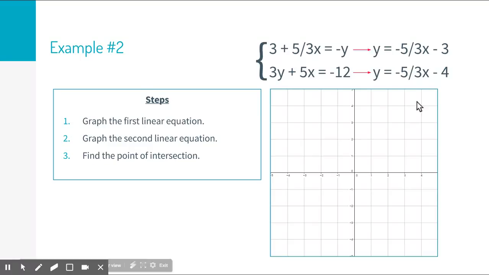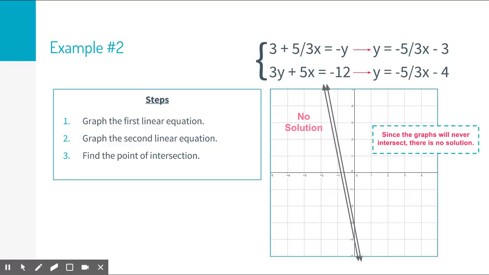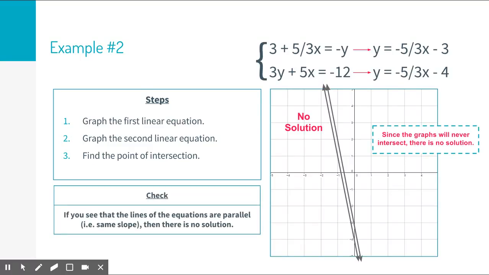Now, immediately you can see that the slopes are the same, but they have different y-intercepts. So when we graph these, it does end up creating two parallel lines. Because those are two parallel lines, they will never cross. So our answer then is no solution. Make sure you are writing these down on your graphs and taking the moment to make sure that you have written them out correctly.